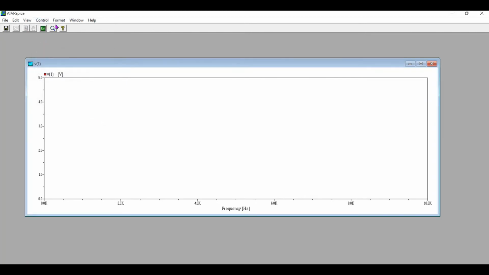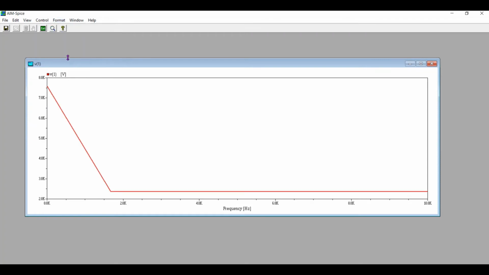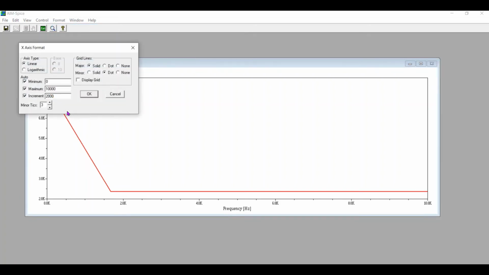Okay. Format, auto scale. So this is the output waveform which we are getting. Let's draw the grids.